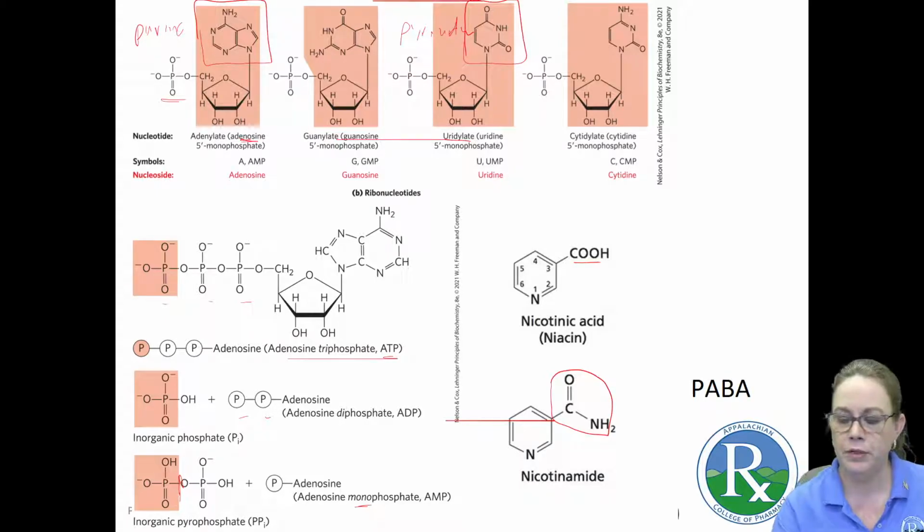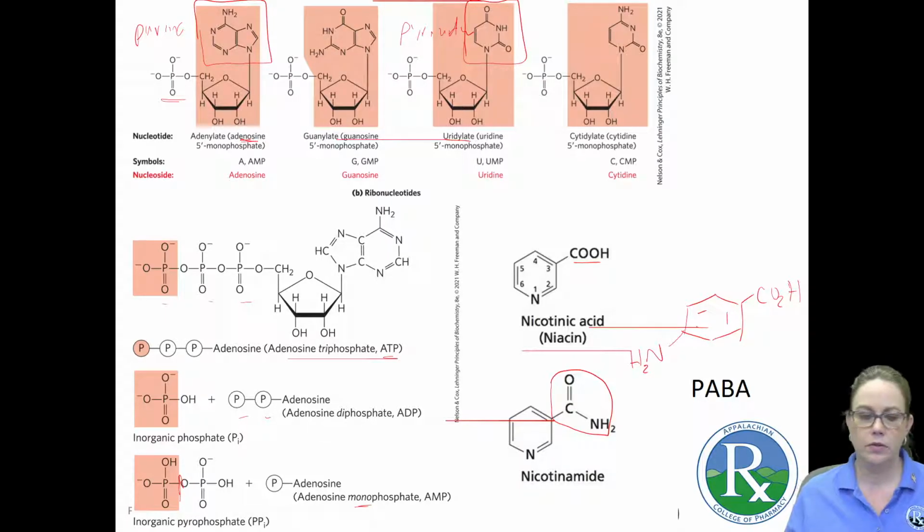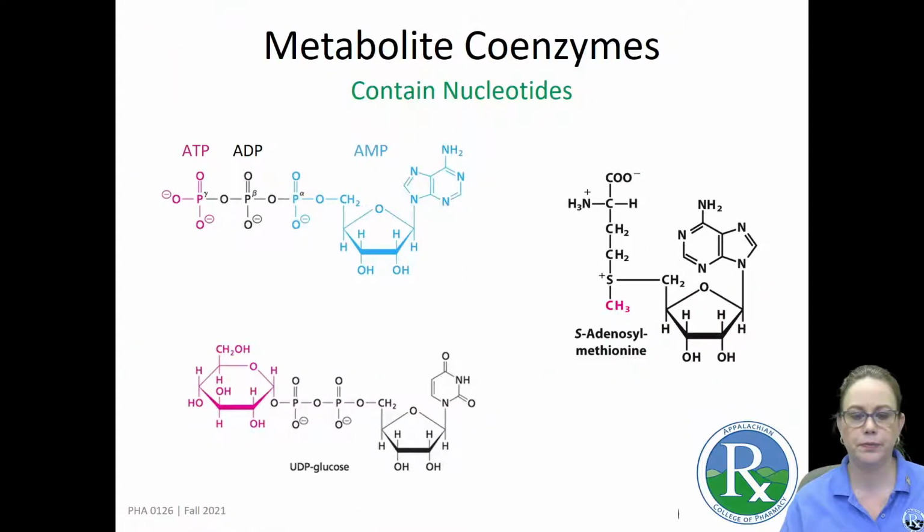Our PABA is para-aminobenzoic acid. So we're going to have a benzene ring. We have a carboxylic acid on that. And then we have, at the para or 4 position, an amino group. So these are the building blocks we'll be using to build up some of our coenzyme structures.